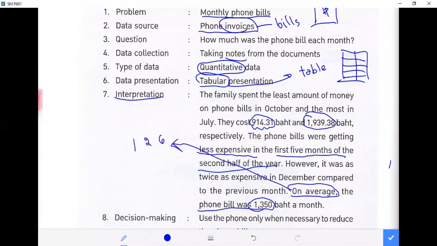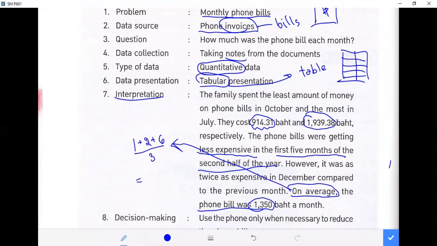Today I spend 1 baht, tomorrow I spend 2 baht, and the day after tomorrow I spend 6 baht. So to find the average, I just have to add all of them and then divide by the number of days, number of items. In that case, it's 3, right?